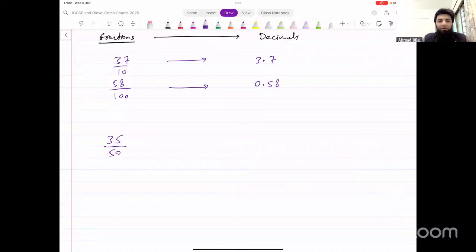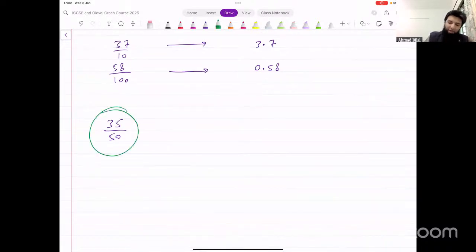Now, the division is generally going to be easier when the denominator is something like this, when it's some power of 10: 10, 100, 1000, 10,000. When you have these numbers in the denominator, then the division becomes simpler. Okay. And that's the trick that we are going to use when we are dividing any other fractions as well.